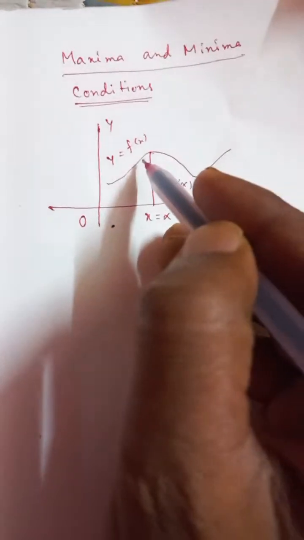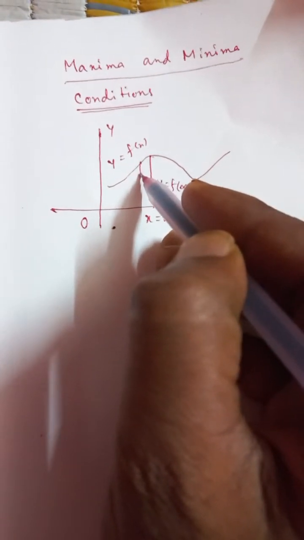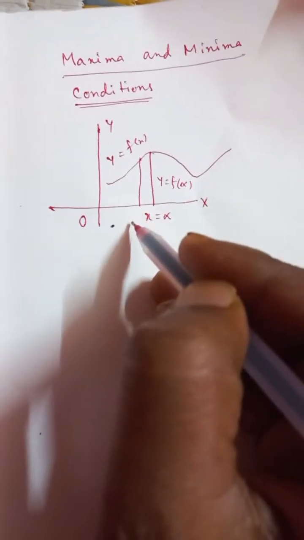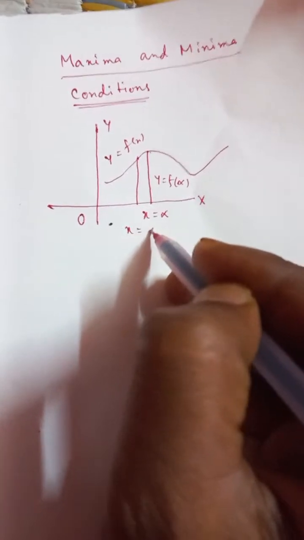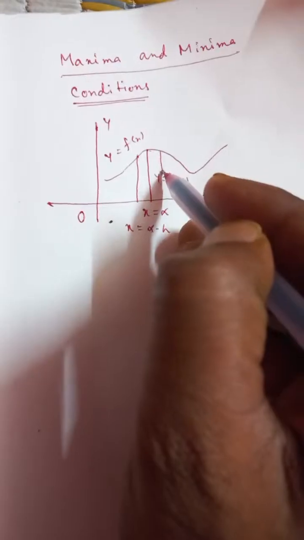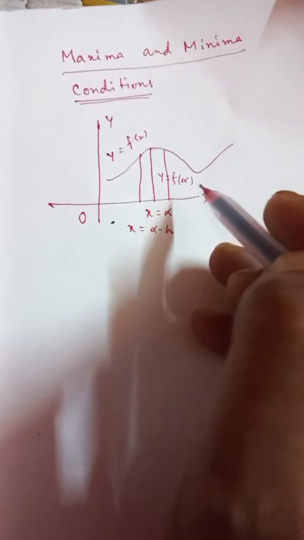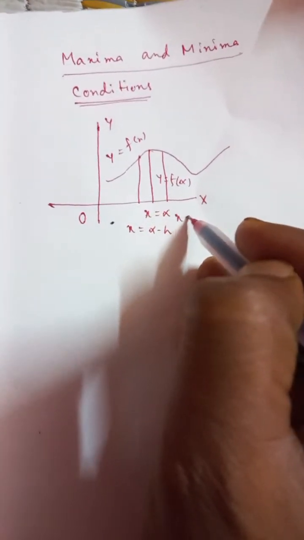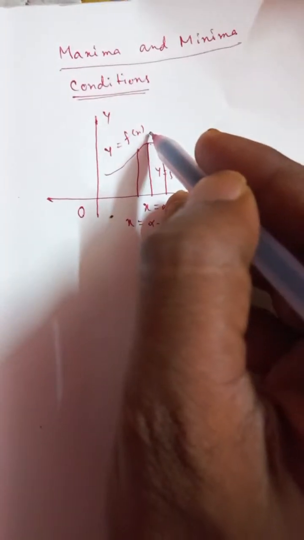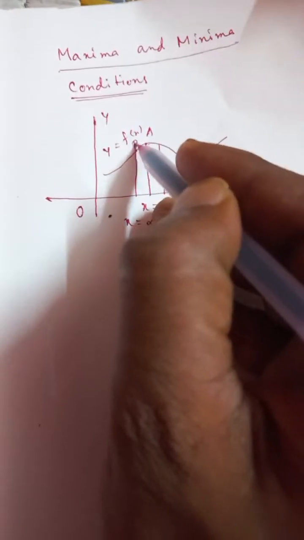So we take two neighborhood points: here we take the point x equals alpha minus h, and here we take another point x equals alpha plus h. There are three points A, B, C.